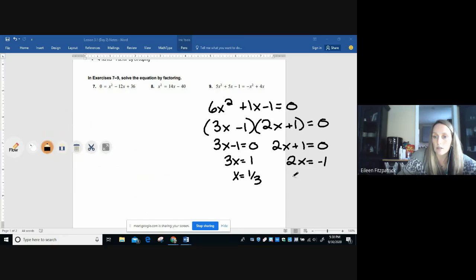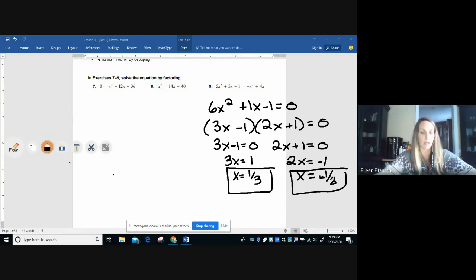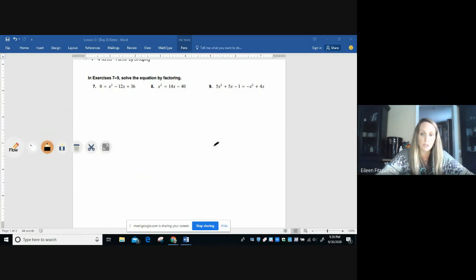Divide both sides by 2, x equals negative 1/2. So there's one answer, one root, one x-intercept, and there's the other. I think we have just a few more to look at on the next page.